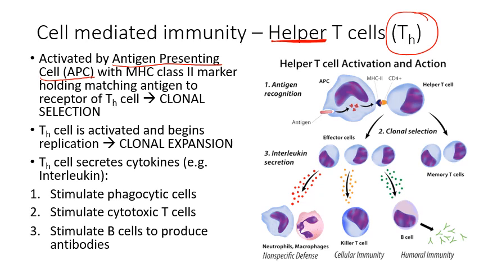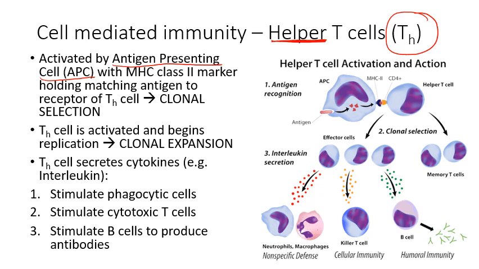So their job was to encounter your pathogen that had non-self antigens. It would engulf it using phagocytosis or endocytosis and digest it using the enzymes inside it. But the unique feature that they had was they were able to hold on to a small piece of that non-self antigen from the pathogen and display it on their MHC class 2 markers.